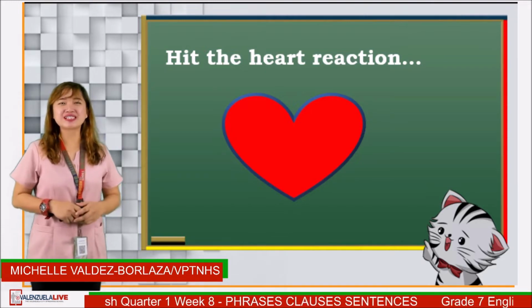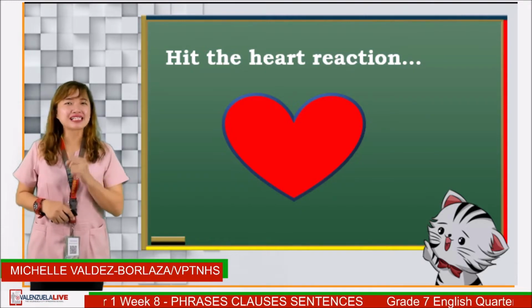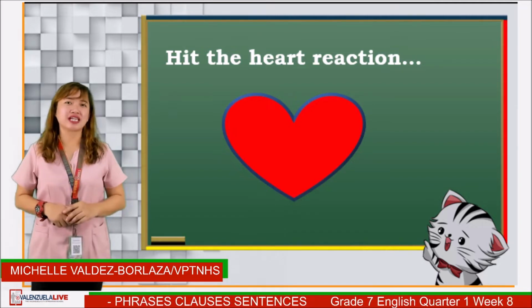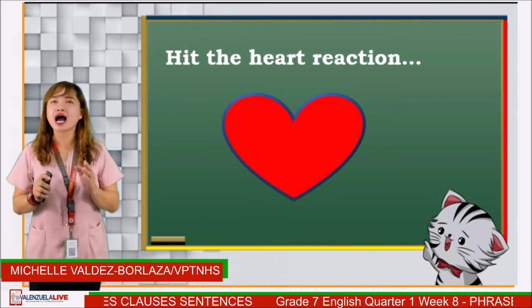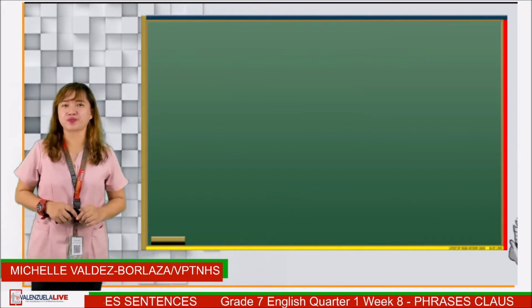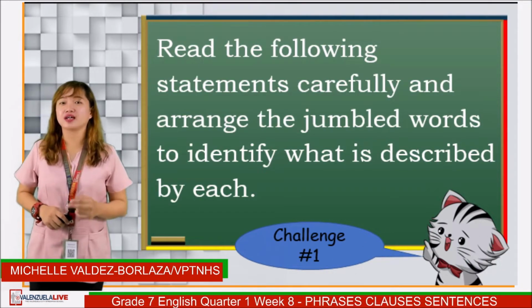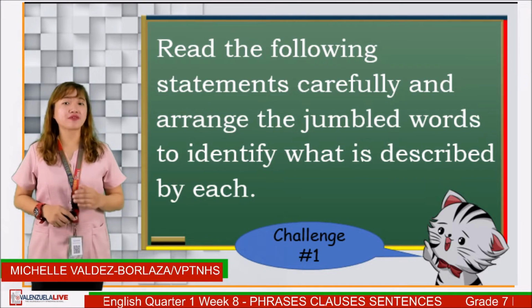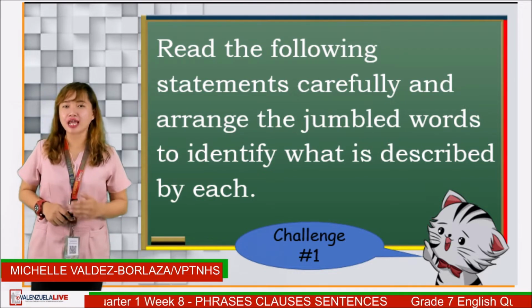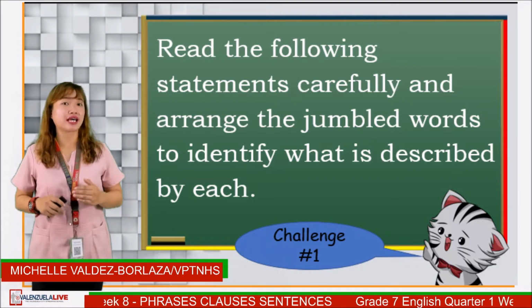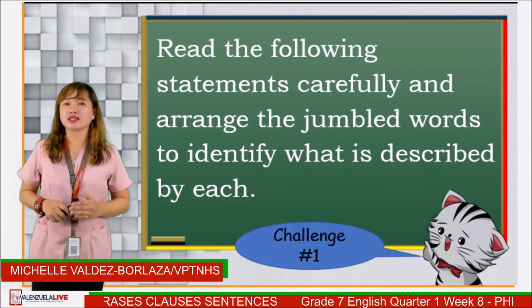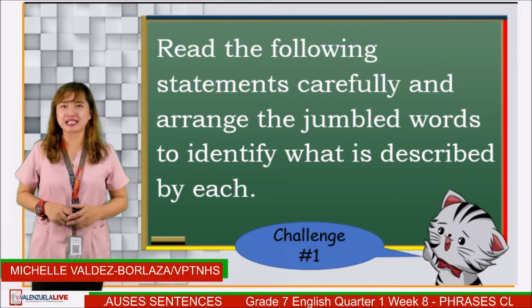Thank you, learners. Now, let's have your first challenge and find out how much you know. Mutya, bring it on. Read the following statement carefully and arrange the jumbled words to identify what is described by each statement.